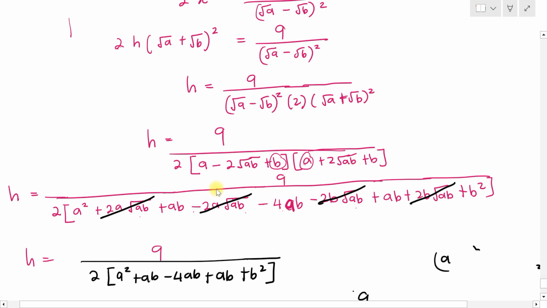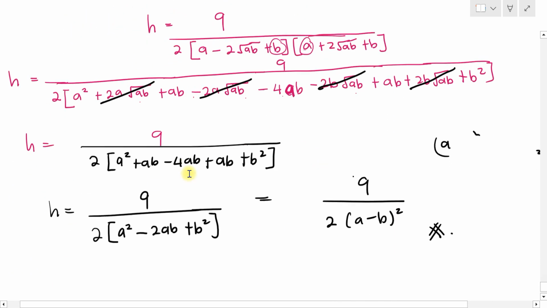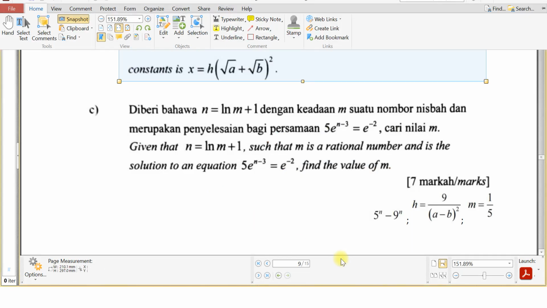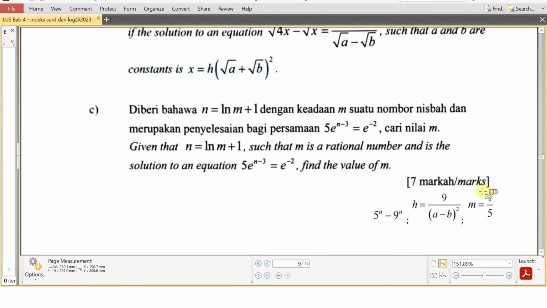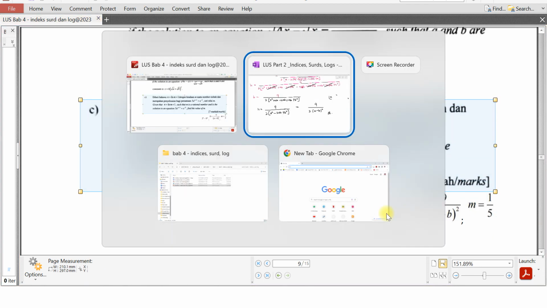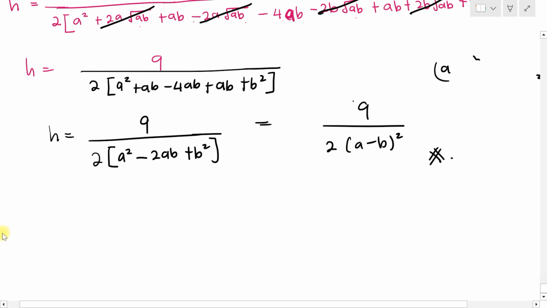Okay, play around. The 2 is still there. Never cancelled by anything. I think they missed out the 2. Okay, so if you get the exact answer like this, please do PM me. My answer is this. Okay, and the final question.